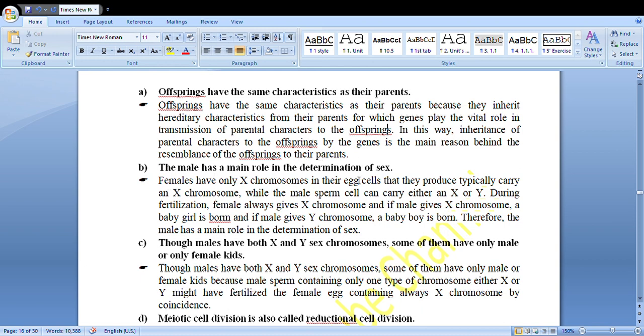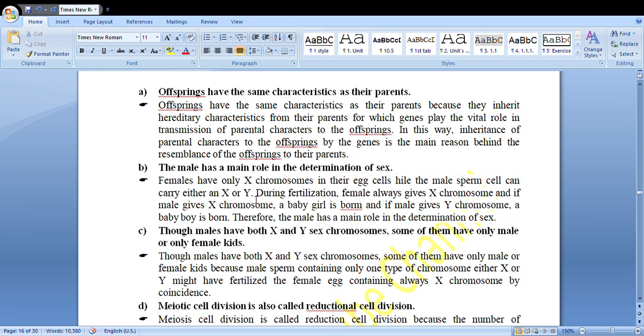The male has the main role in the determination of sex. Females have only the X chromosome in their egg cells, while the male sperms can carry either X or Y. During fertilization, the female always gives the X chromosome, and if the male gives the X chromosome, a baby girl is born.